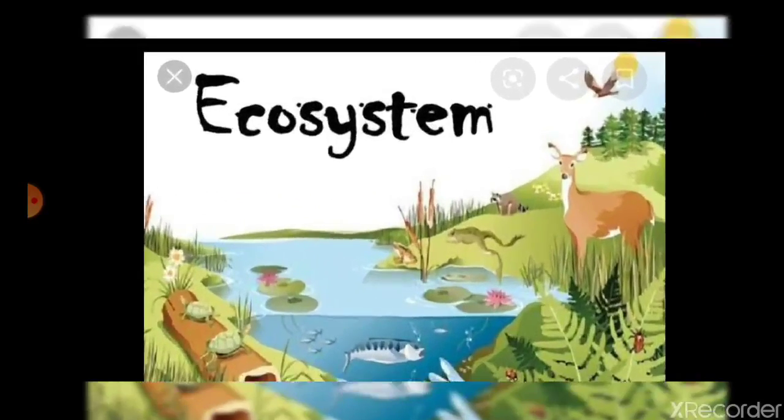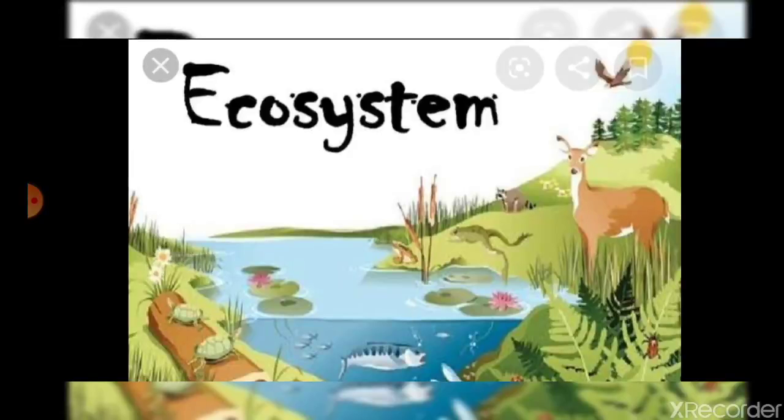Now, let us study forest as an ecosystem. The flora and fauna of the forest, which are the biotic components, interact with the abiotic components like sunlight, air, water, soil in the forest to form an ecosystem.